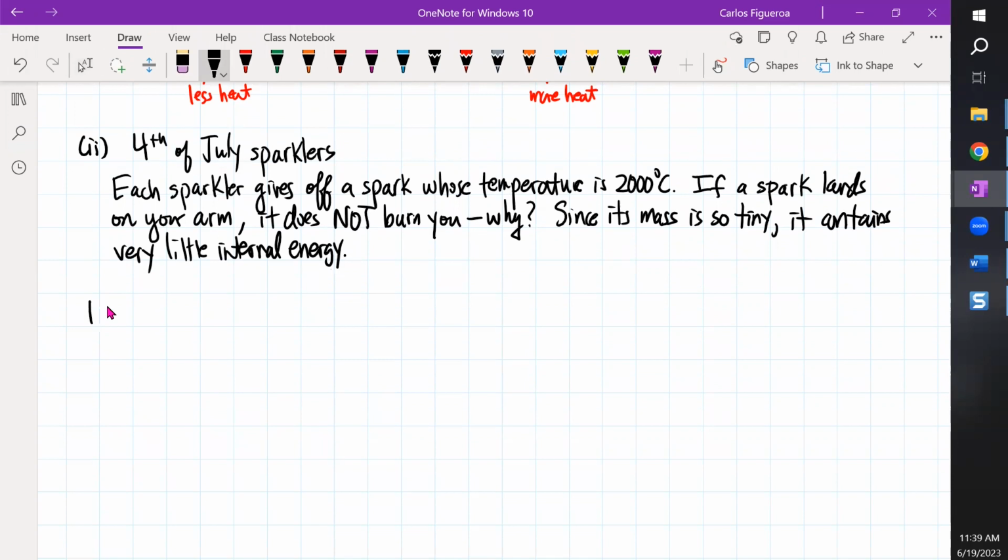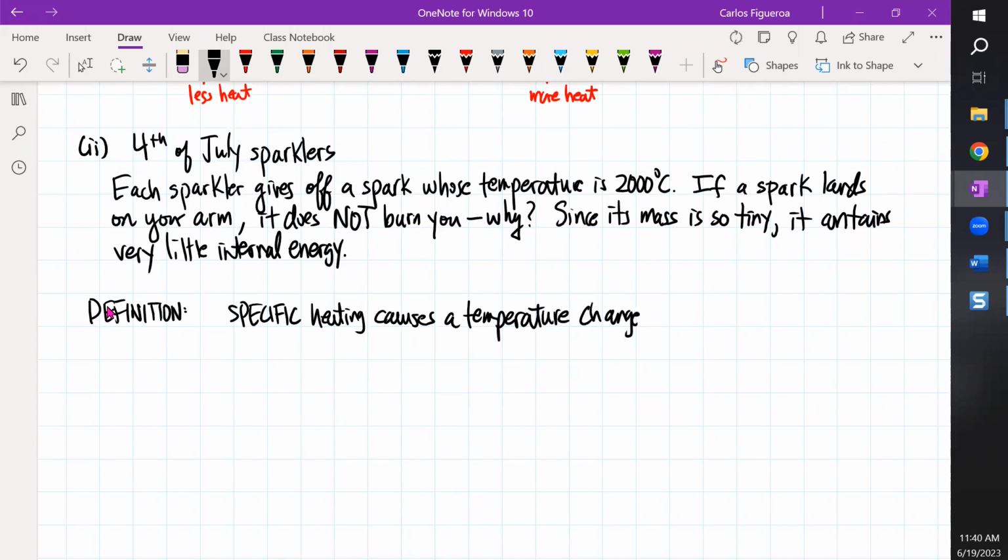Okay, so here's a good definition. Specific heating causes a temperature change, and what do I mean by temperature change?